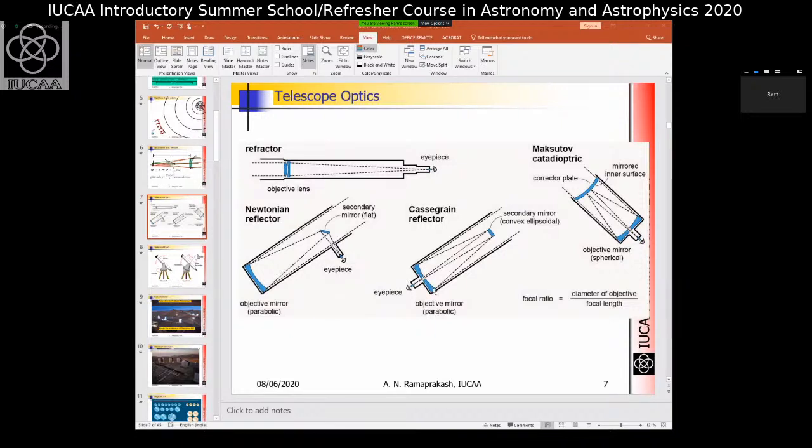So there are prescriptions available, both in literature and online, on how to design a Cassegrain reflector telescope. What are the properties? What should the primary mirror curvature look like? What are the parameters which define that parabolic surface? What are the parameters which define the ellipsoidal surface here, and how to achieve a Cassegrain reflector combination using a parabola and an ellipsoidal surface, and what is the advantage of that combination?